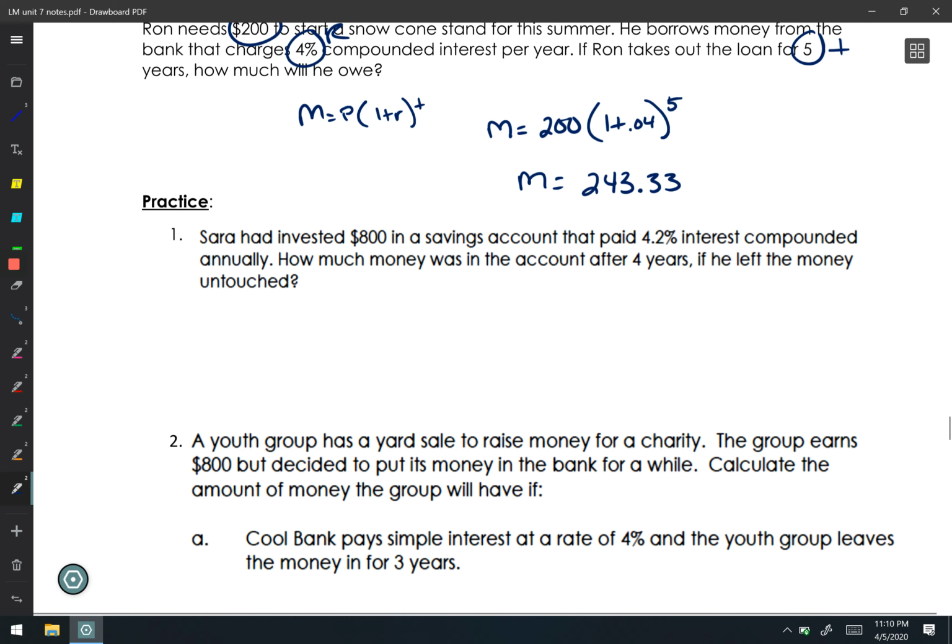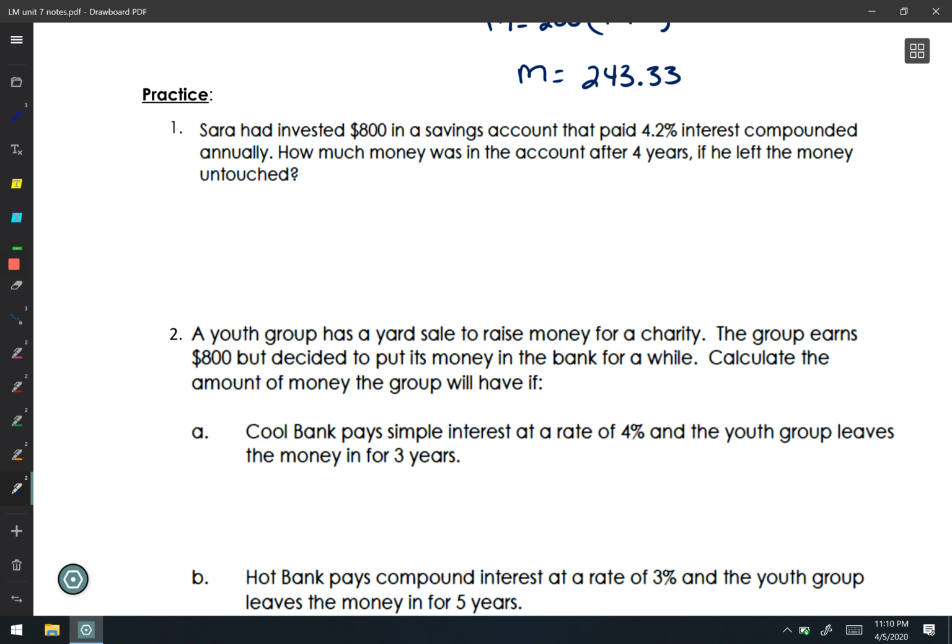All right, so let's look at it again with Sarah here. Sarah invested $800 in a savings account that paid 4.2% interest compounded annually. How much was in the account after 4 years if she left the money untouched?